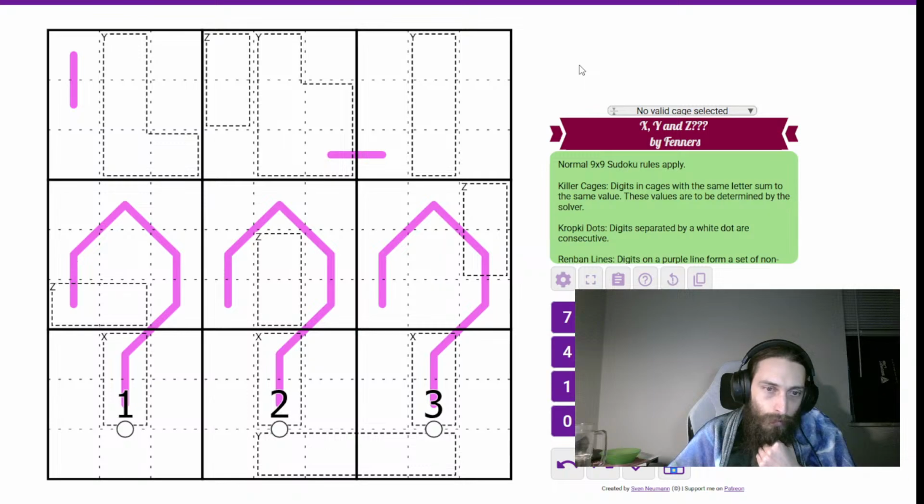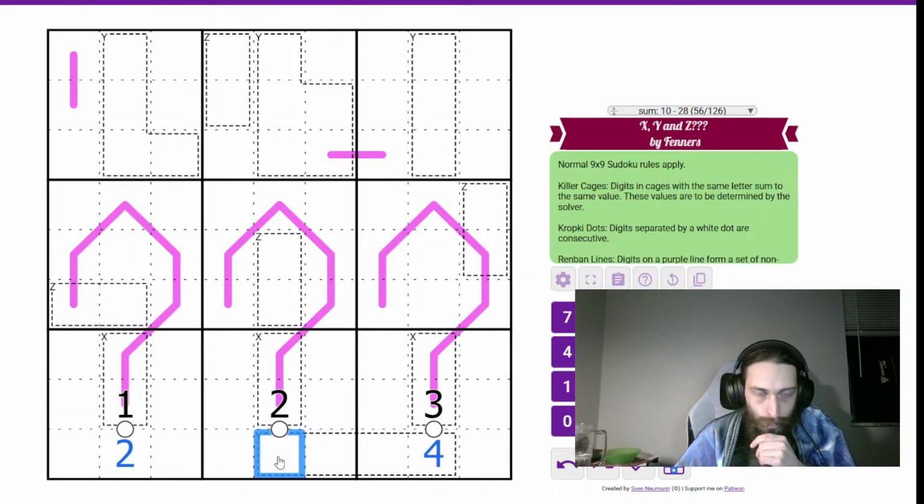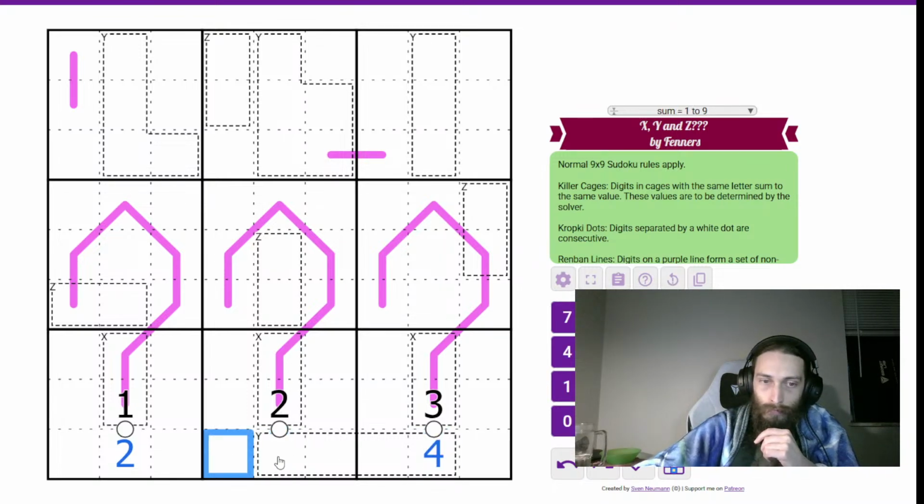Say again? Oh, that's X. Never mind. Yeah. X is a maximum of 10. No. Yeah. Oh, well, that's a white Kropki dot under that too, or under that 1. One or 3.